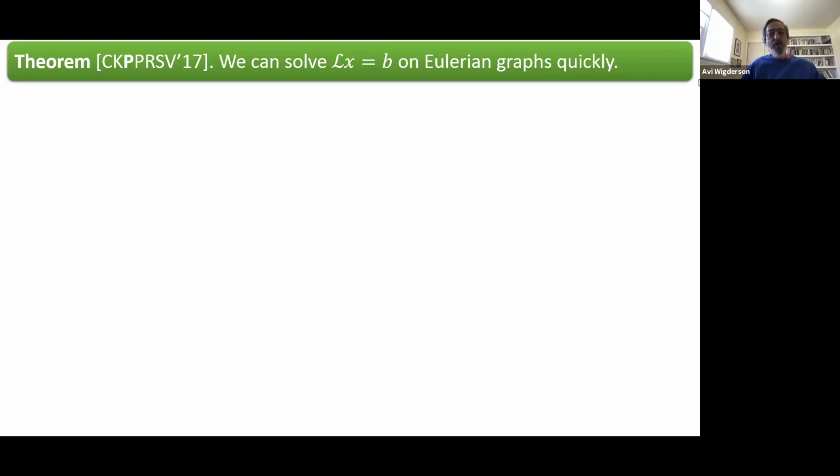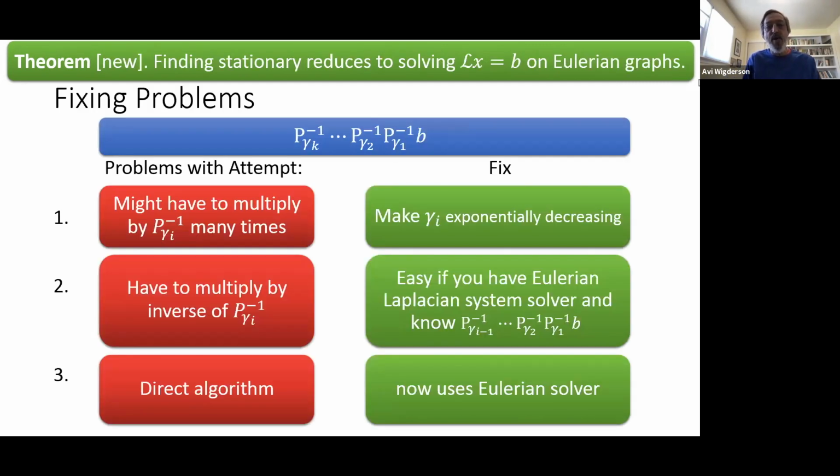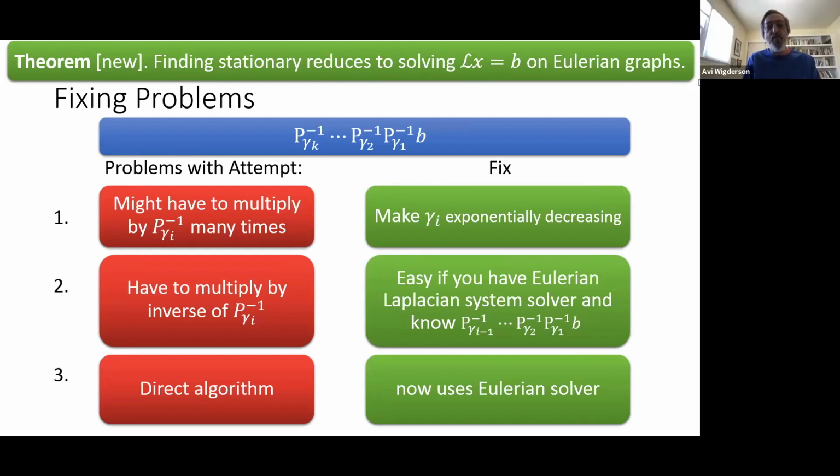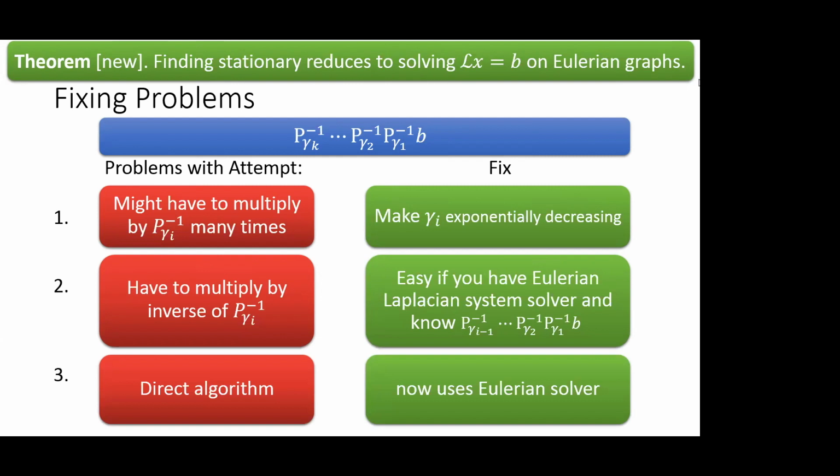But John, you face this problem even in the first step, right? I mean, forget the suffix. When you apply the first p gamma 1 to b, you already have this issue. So maybe you can say some intuitive word on how applying the inverse of the first works. So you don't have this problem in the first step, because since the gammas are exponentially decreasing, you can assume that the first gamma is like a half or something.